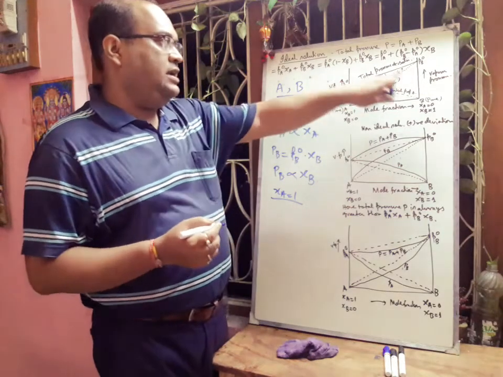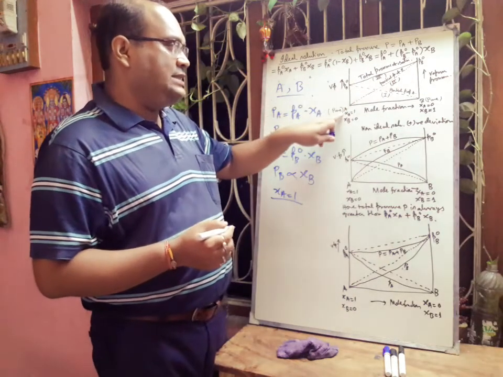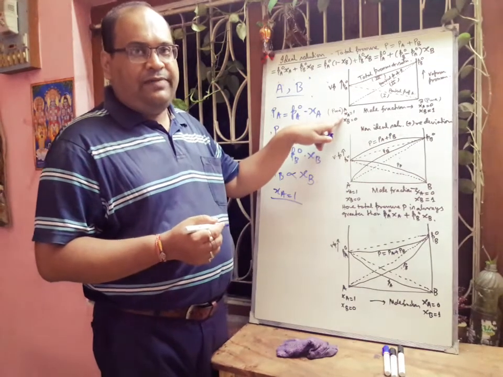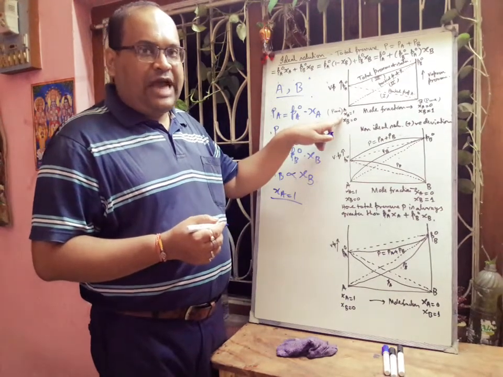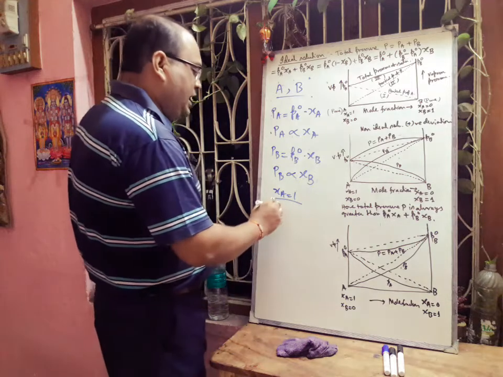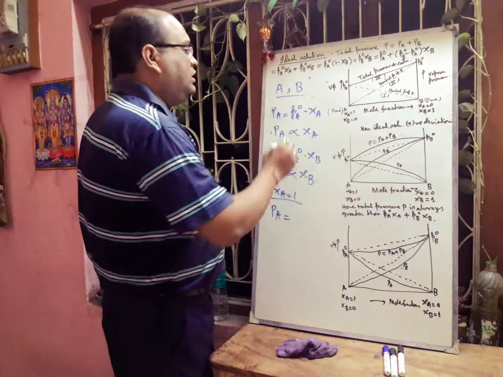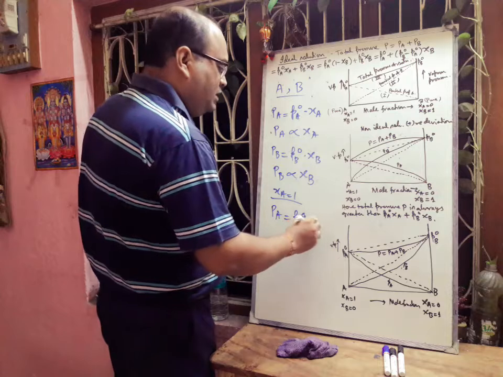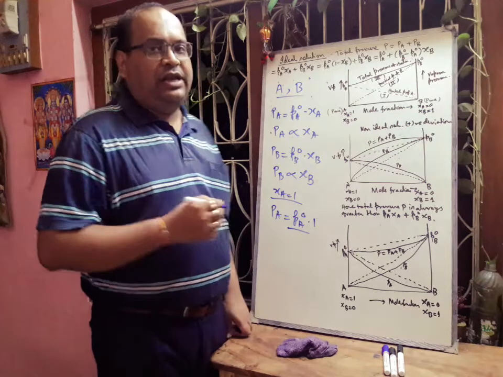In this graph, where Xa is equal to 1, only liquid A is present. Here Pa will be equal to Pa0 into Xa, and as Xa is 1, that will be Pa0, the pure liquid vapor pressure.